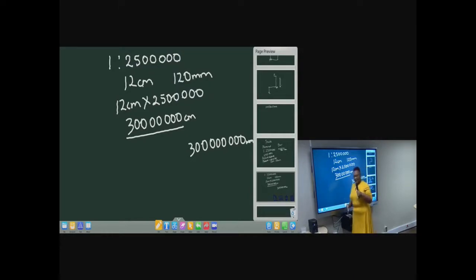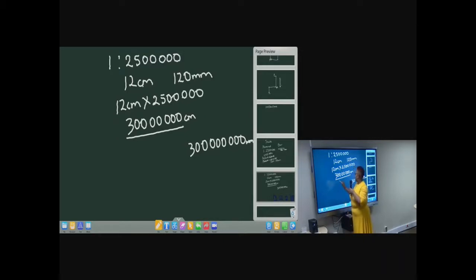As a mathematical literacy learner, you need to be able to convert between your metric units. That is basic. You can never get to an exam not knowing how to convert centimeters to kilometers and millimeters to kilometers. There are 100,000 centimeters in a kilometer.